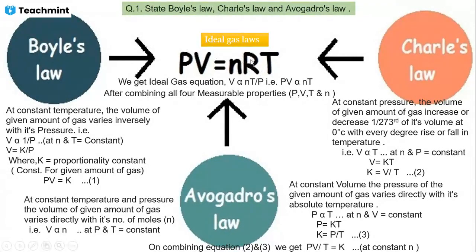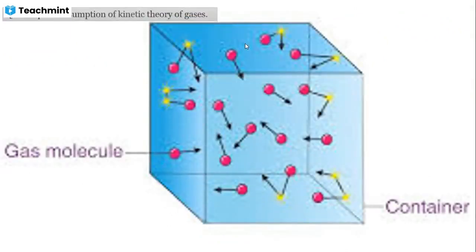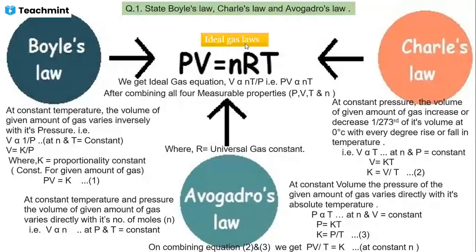The equation PV = nRT is known as the ideal gas law equation, where R is the universal gas constant. These are the three questions: state Boyle's law, Charles' law, and Avogadro's law, and a whole answer about the ideal gas law.